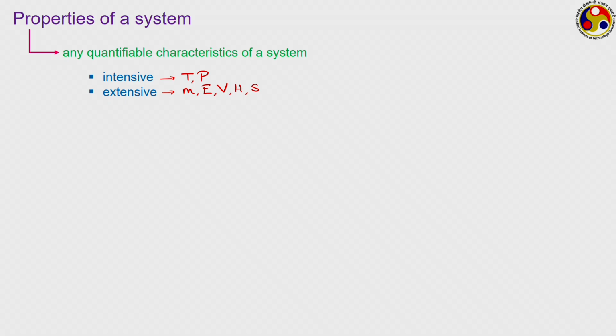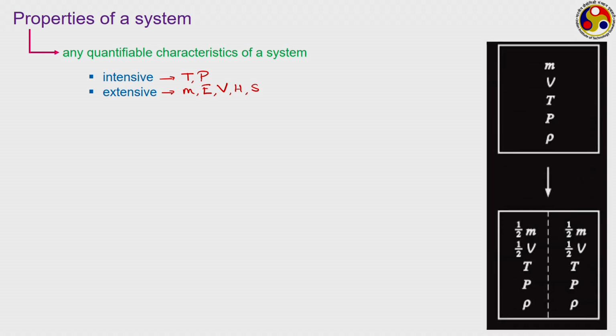Now, how do we identify whether a property is intensive or extensive? The easiest way is to see whether there is any change in the value if we divide the system into two equal halves. Just like the example shown here. Here I have given you a system for which we know 5 different properties: m is mass, V the volume, temperature, pressure, and rho, the density.